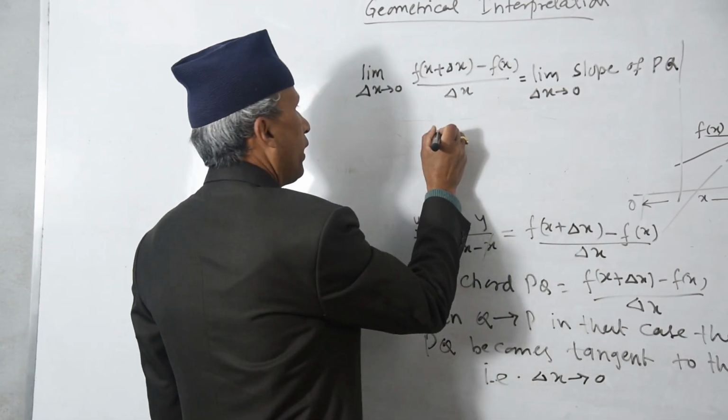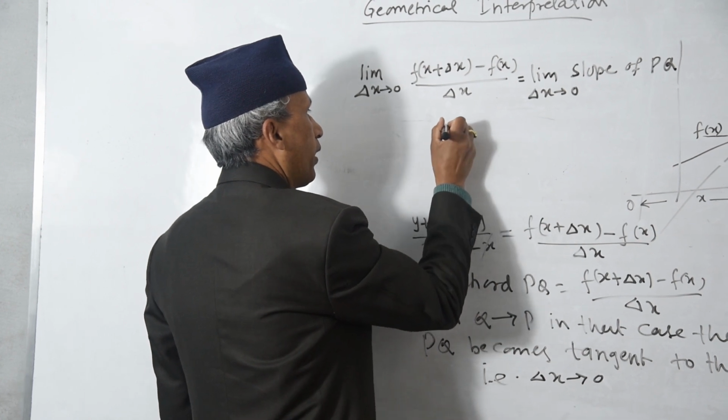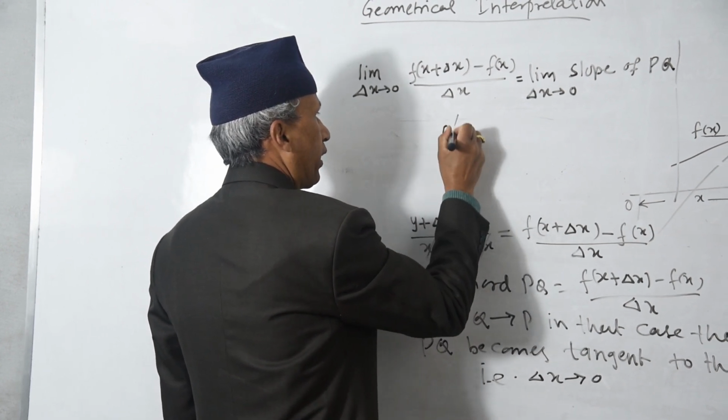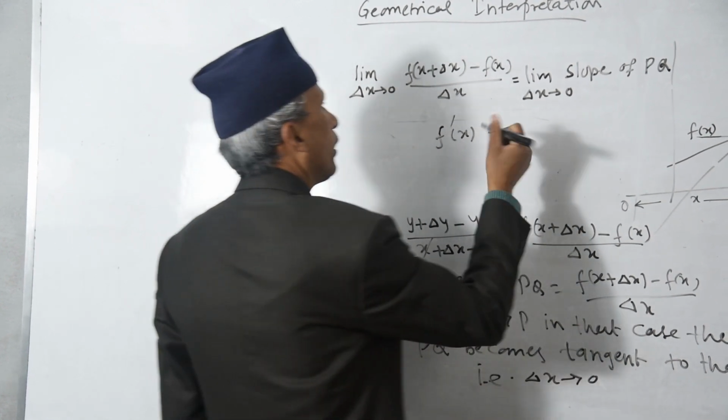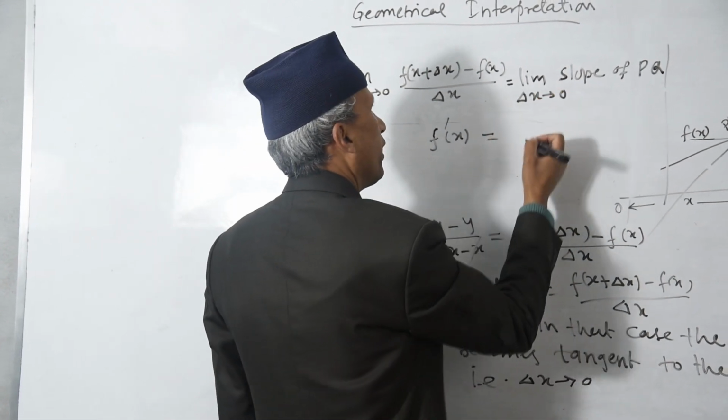So what is this? This is the derivative. F prime x is equal to the slope of the tangent.